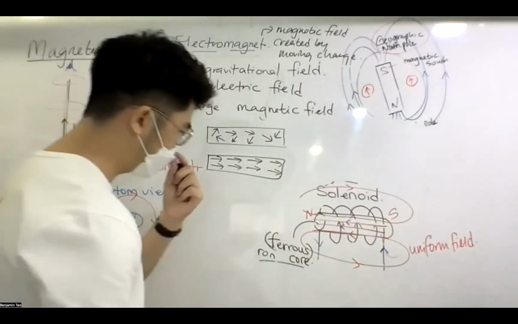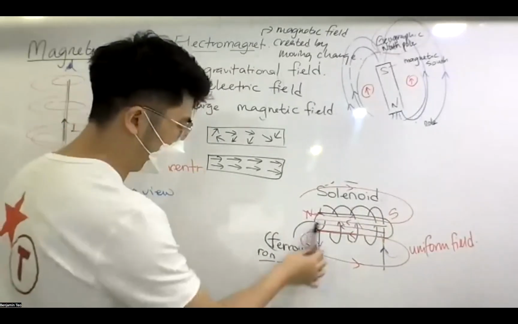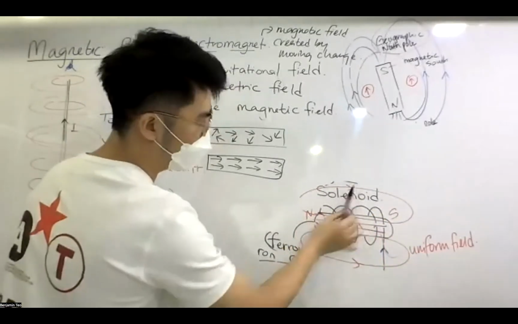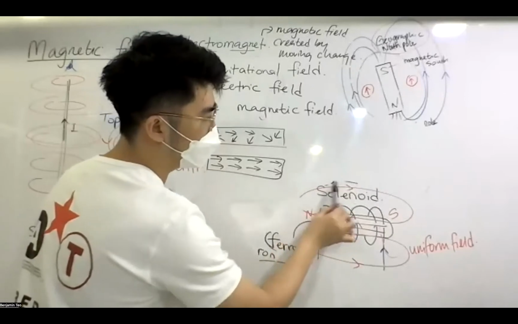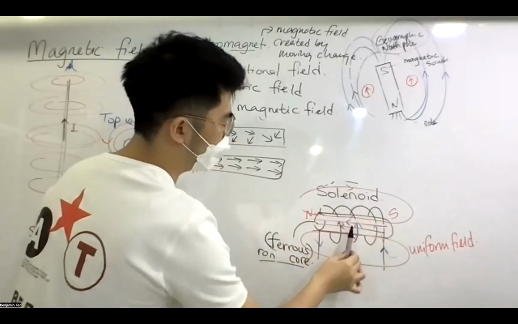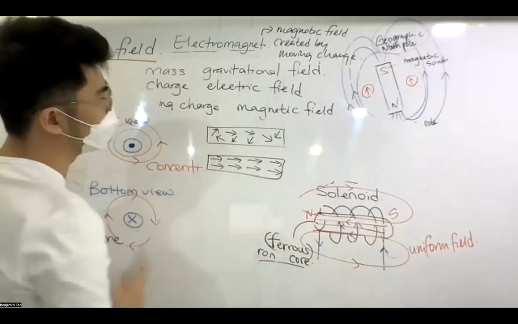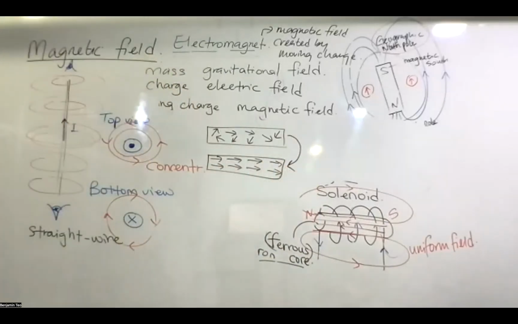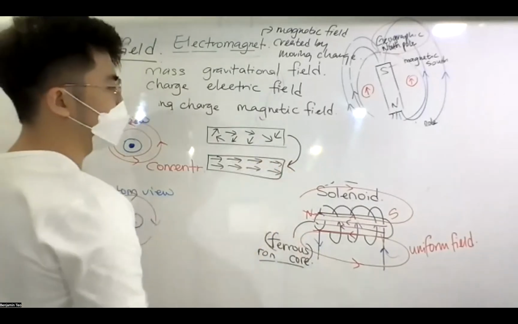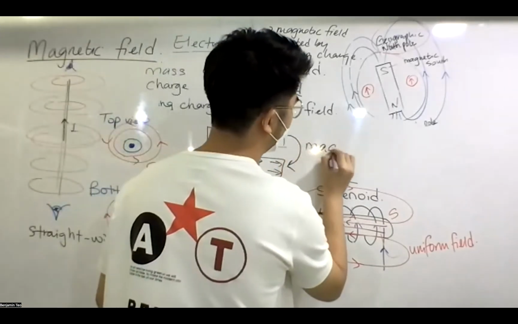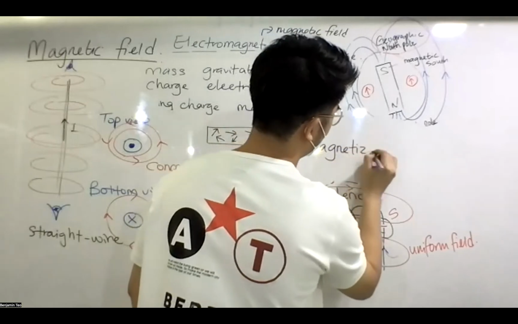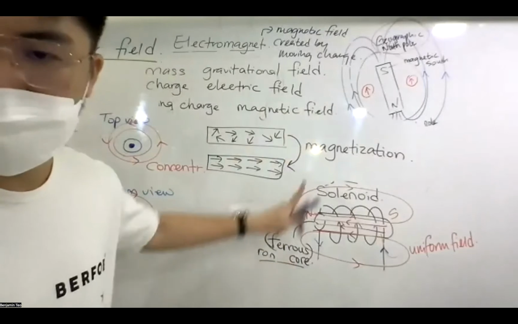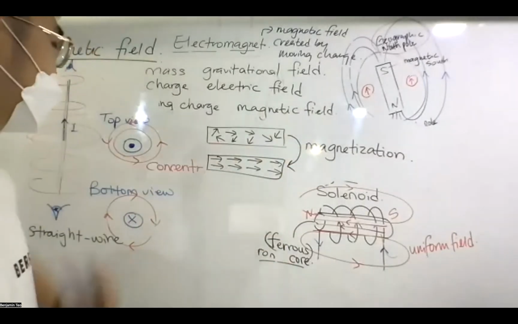Again, if I put the iron inside here, the magnetic field of the solenoid, not the iron, the magnetic field of the solenoid, the red one, will make the iron from here to here. This process is called magnetization. We say that the iron core has been magnetized like this.